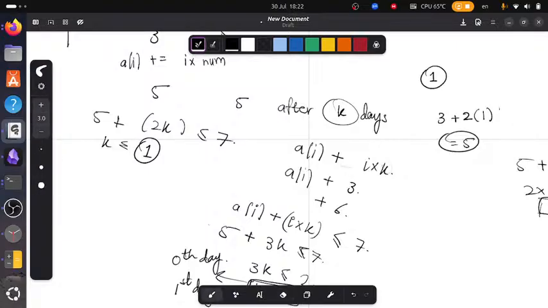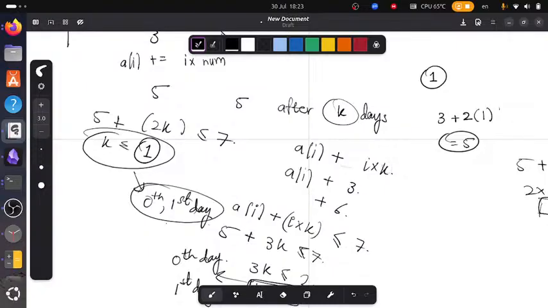So k is more than or equal to 1, which means this works for the 0th day and the first day. After that it stops working. So our number of days now turns from 1 to 3, right?